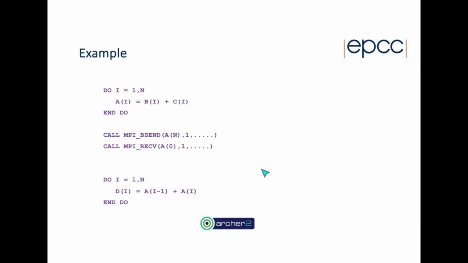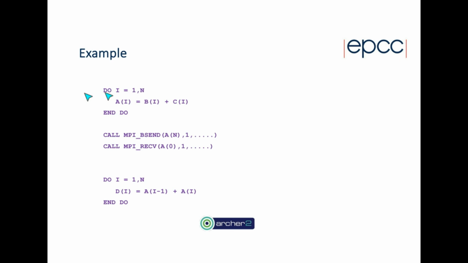Okay, so let's have a very, very minimal MPI program. Basically it's a one-sided halo exchange, and it exchanges exactly one element of an array.